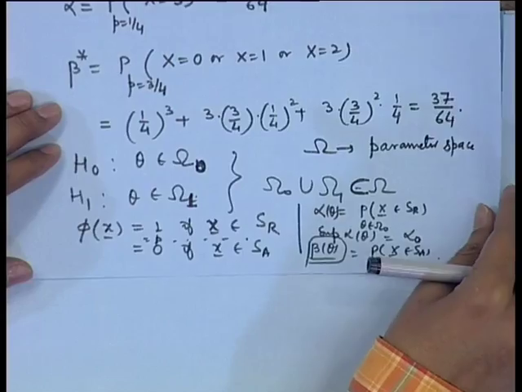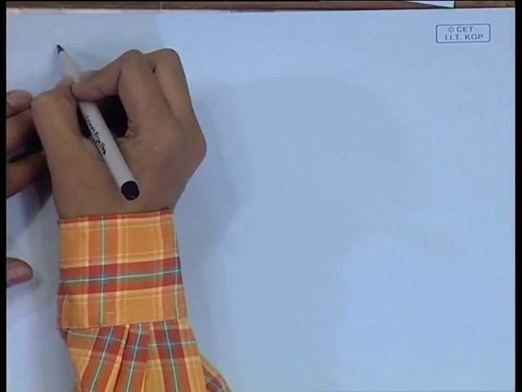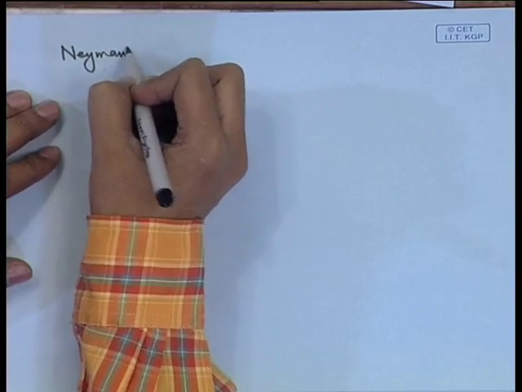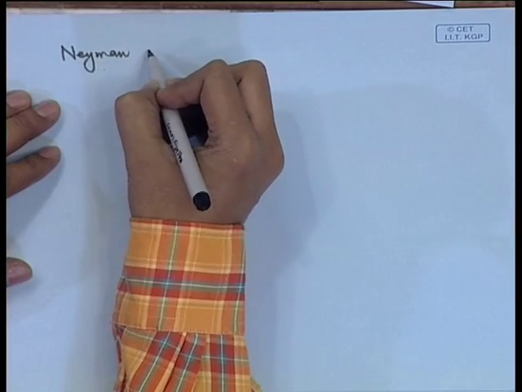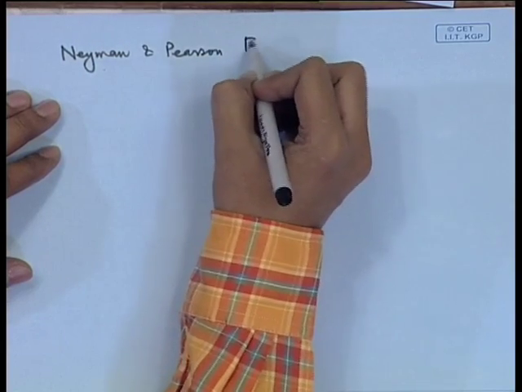So this optimization problem has been dealt with, and the basic result in this regard is by Neyman and Pearson, and the result is popularly known as the Neyman and Pearson fundamental lemma.